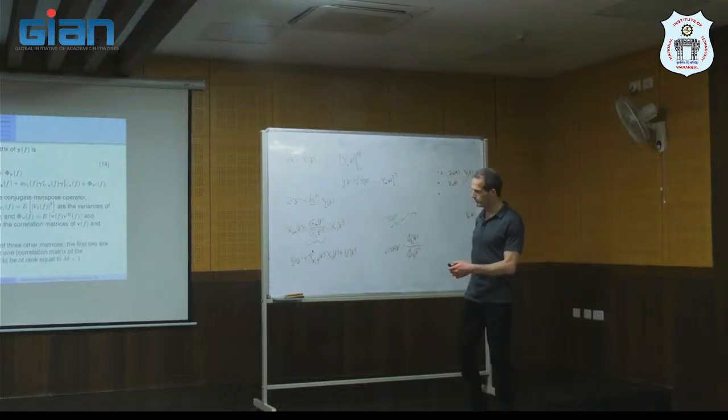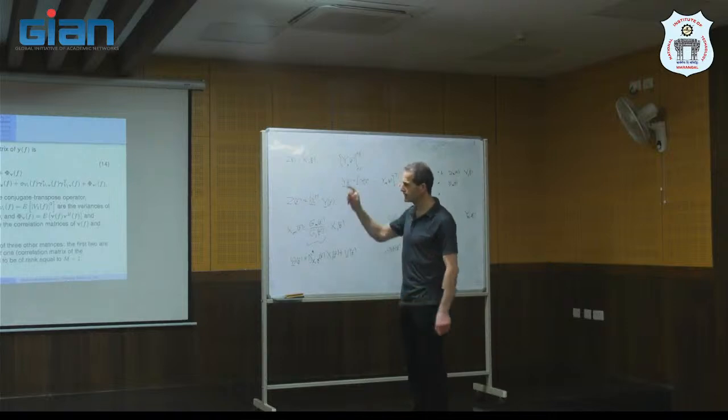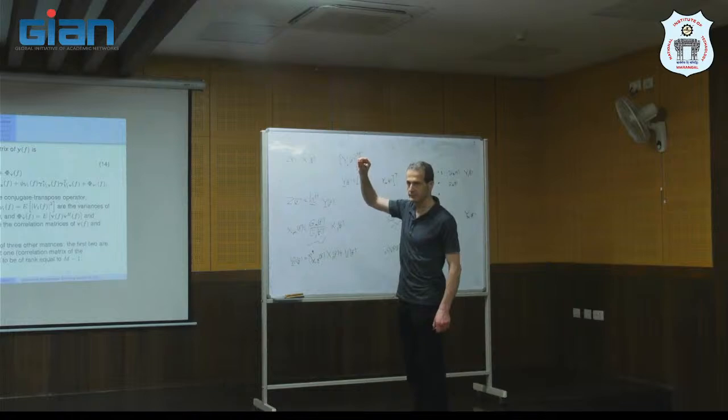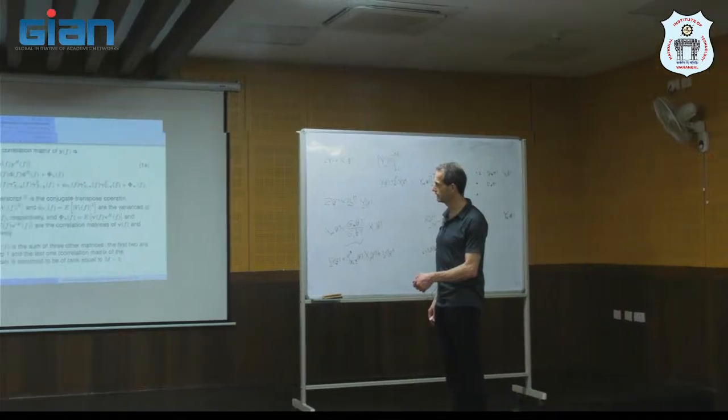If you see here, this is the correlation, the variance of all components. So in this matrix, the first element will always be 1. And then you multiply with phi x1.